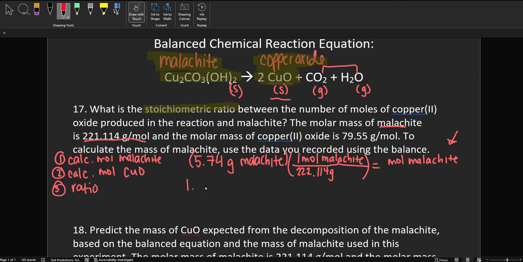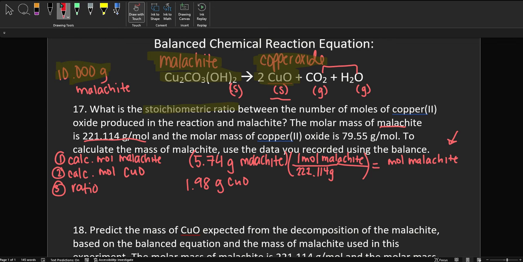Step 2, calculate moles of Cu oxide. For Cu oxide, I'm going to say it's 1.98 grams CuO. The number of sig figs you record is actually more. For example, when you weigh out your malachite at the very beginning, your balance has this many sig figs, so pay attention to your scale.